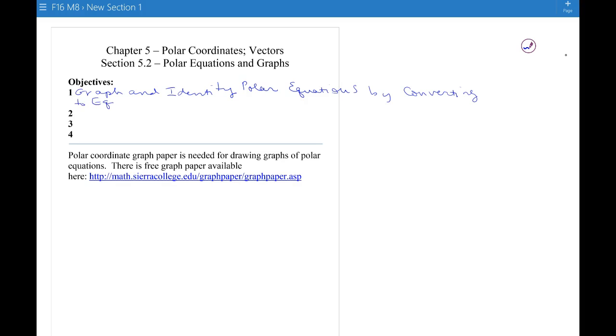So just as we can convert points, we can convert equations. So graph and identify polar equations by converting to rectangular equations. So then we're going to look at how to graph polar equations using a graphing utility.